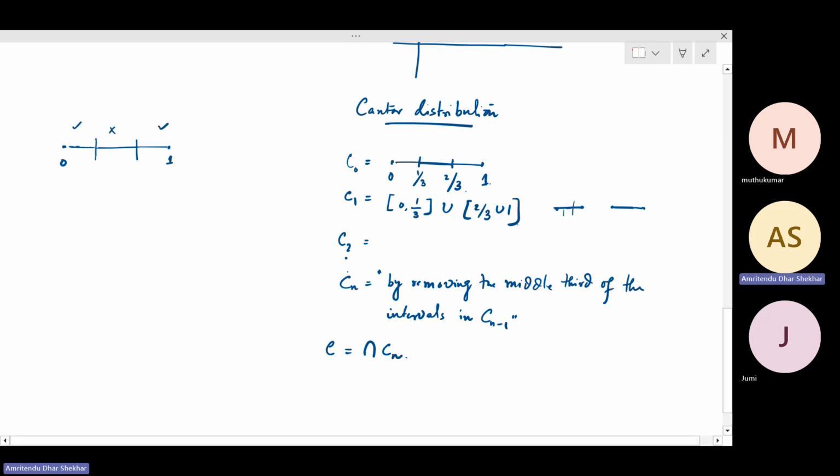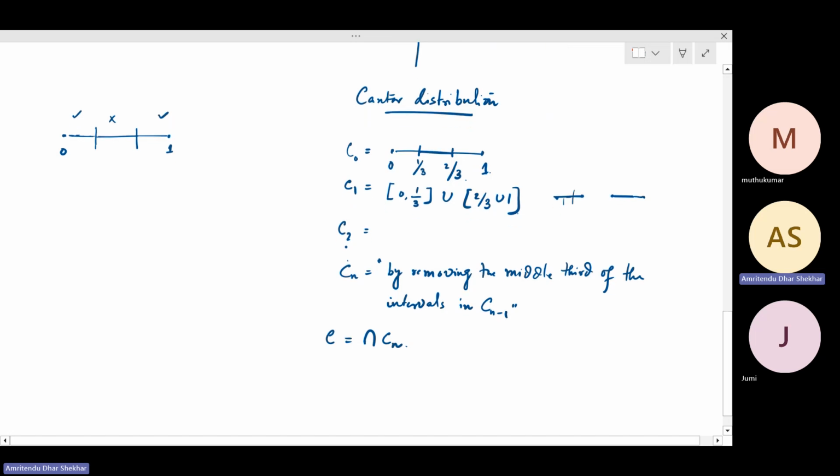The way the Cantor random variable is defined is that you take a sequence of independent and identically distributed Bernoulli random variables.